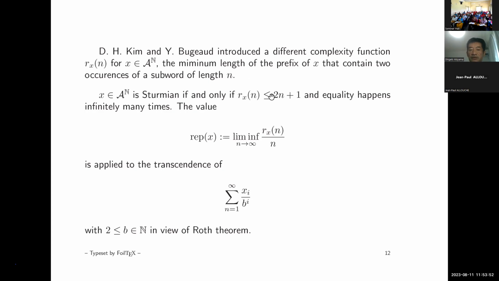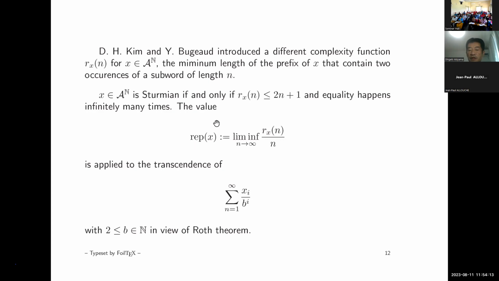By using this, they define a repetitivity constant, called rep x, which is the limit inf of the quotient r_x of n over n.